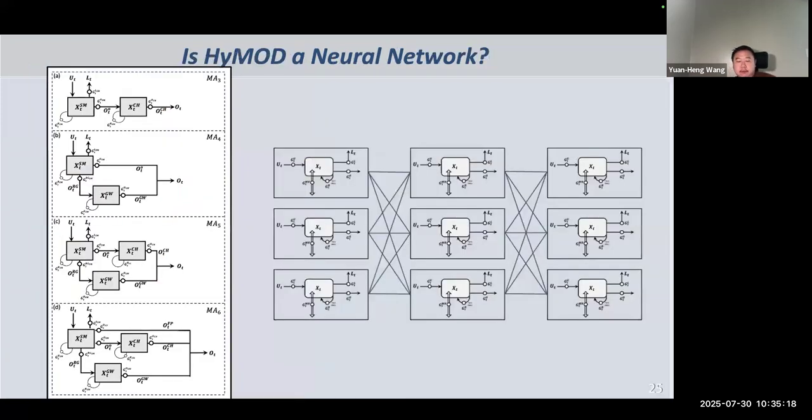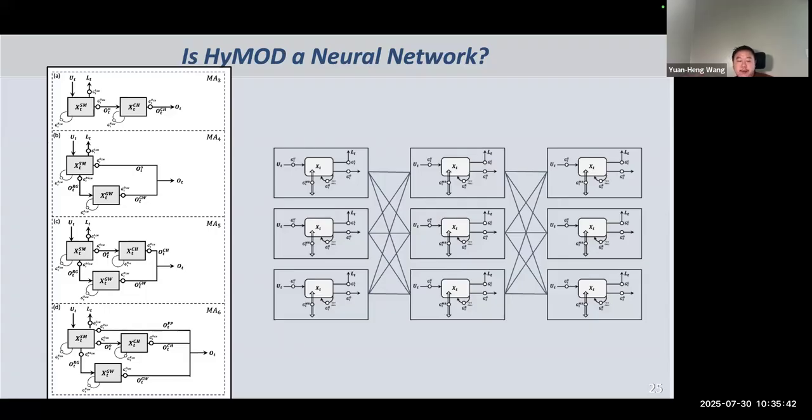Okay, so after I have done so many experiments, it's actually very clear that HIMA or any other hydrological model can also be viewed as a type of neural network. Here I list four architectures we propose in paper 2. These architectures have multiple cell states because they have more than one node.